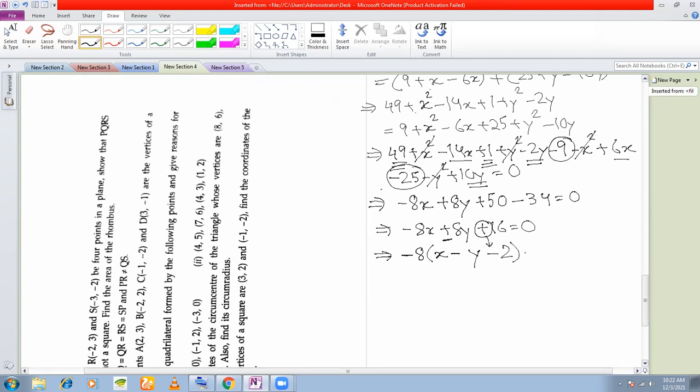And 16 by 8 is 2. Okay, so that means x minus y minus 2 must be equal to 0. Or you can also write this as x plus y is equal to 2. And that is the required relation between x and y.